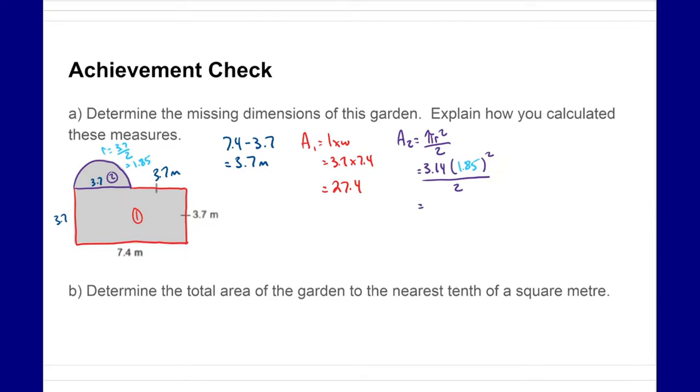And we get 5.4. Now all we have to do, we have the area of each individual shape. We can add them up. 27.4 plus 5.4. And we get a final total area of 32.8 meters squared.